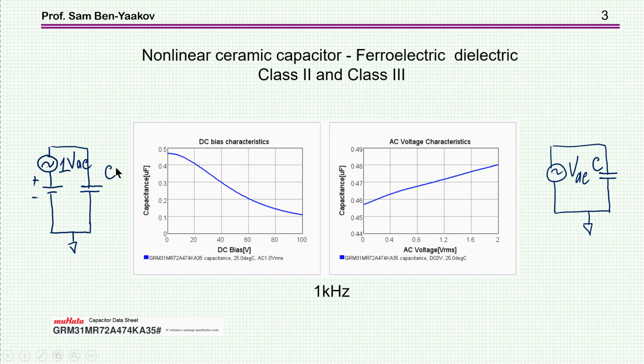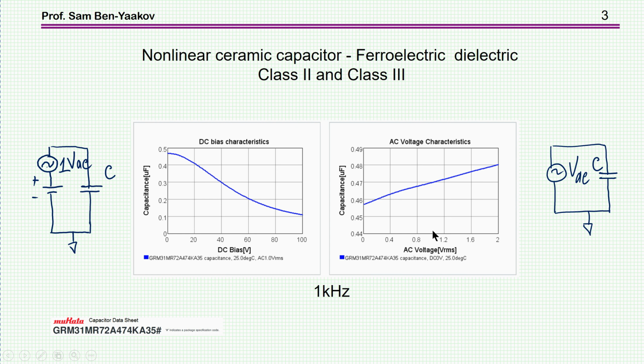This is the capacitor under test, and by subjecting the capacitor to this excitation, you can calculate the capacitance by measuring the current and taking into account the frequency. So here the bias voltage is stepped, and for each point the capacitance is measured, and this is one set of information.